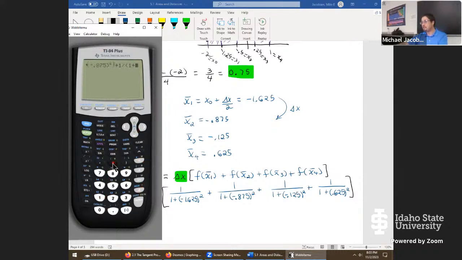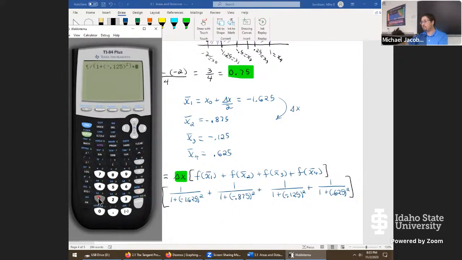1 plus negative 0.125, square that thing, close parenthesis for that fraction. And last one, 1 divide by 1 plus 0.625. I guess I didn't need parentheses for this one.